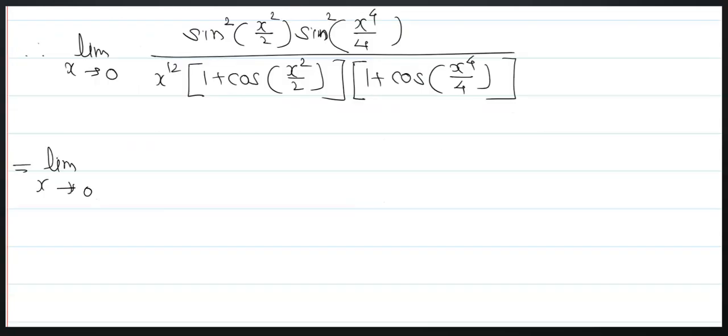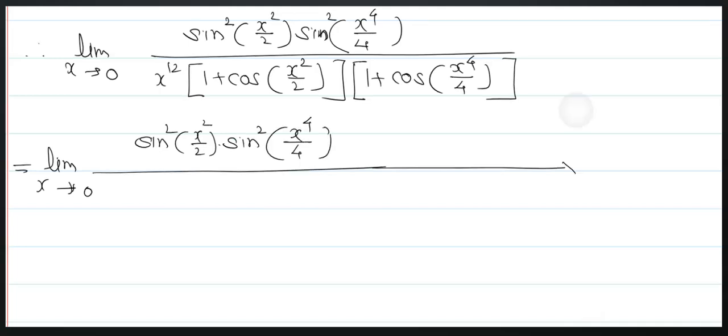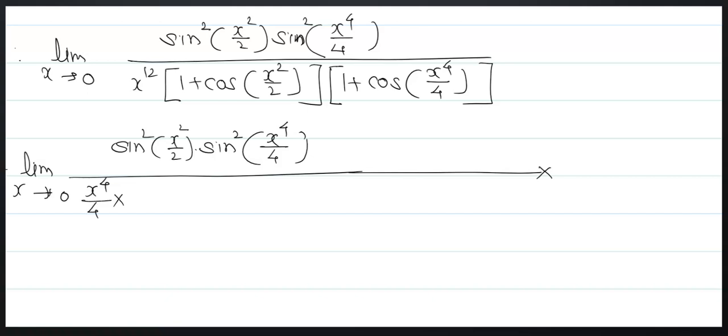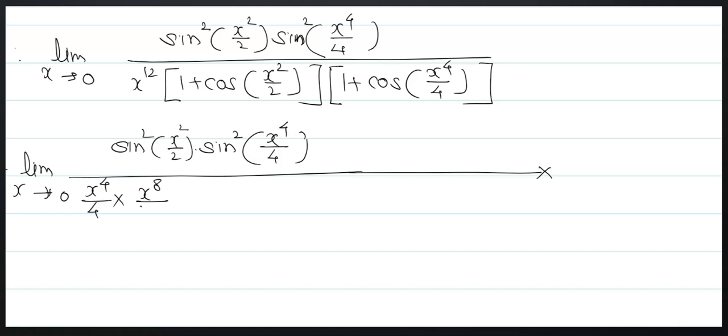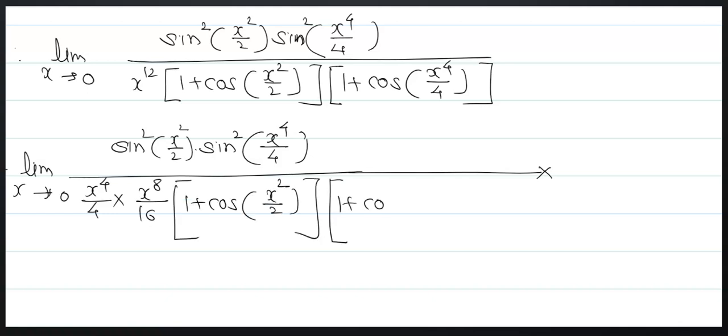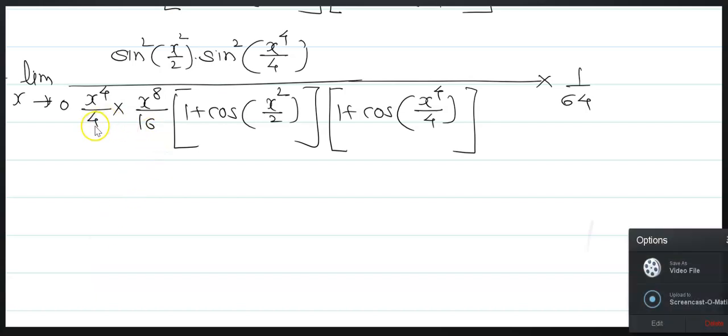Now here is the limit as x tends to 0 of sin²(x²/2) into sin²(x⁴/4). Now here you will get x⁴/4 into x⁸/16, and the remaining brackets keep as they are. Adjust: here 4 into 16, that is 64. Therefore, we have written 1 upon 64.